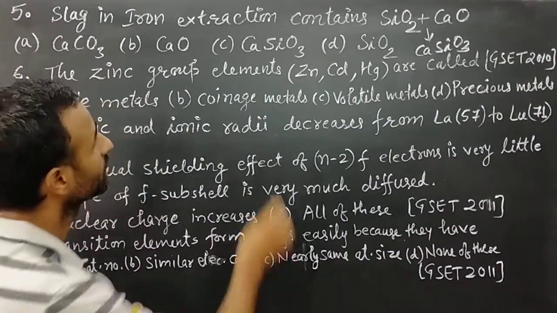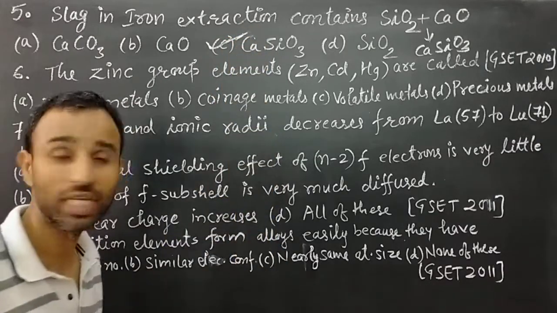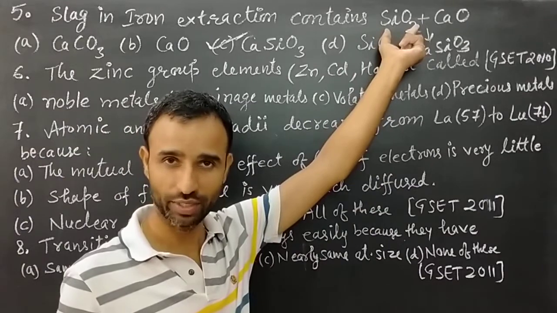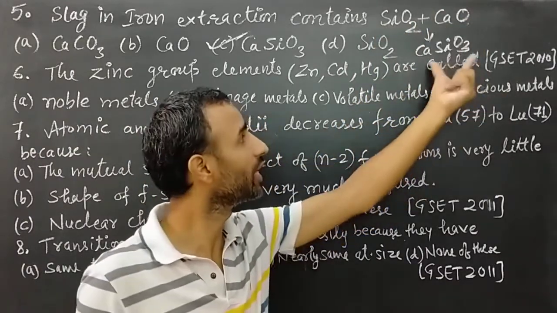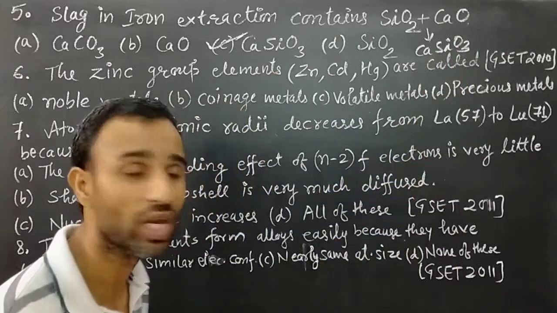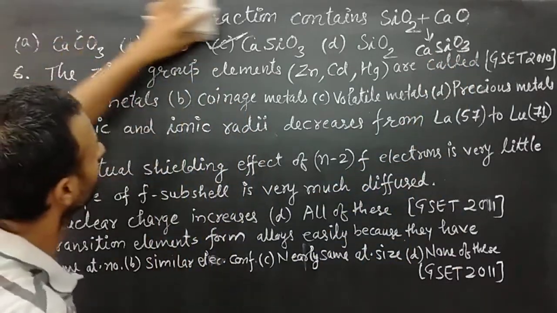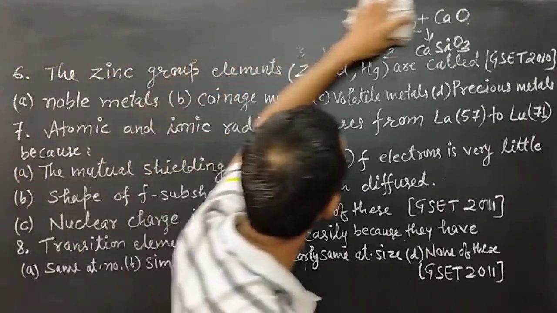So the slag formed is calcium silicate. This is an acidic impurity, and calcium oxide acts as a basic flux, which leads to the formation of slag. So slag in iron extraction contains calcium silicate.